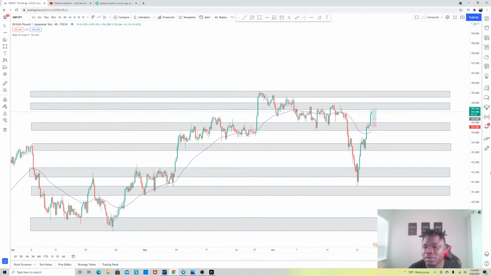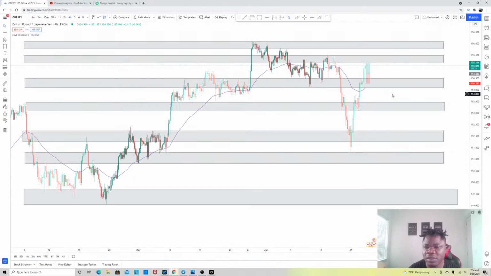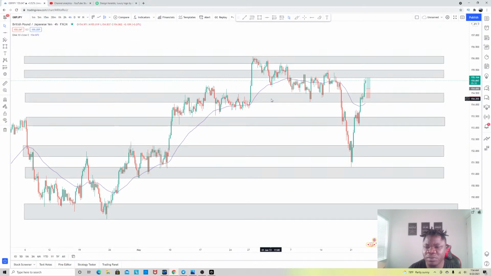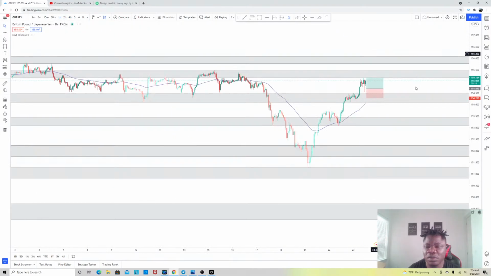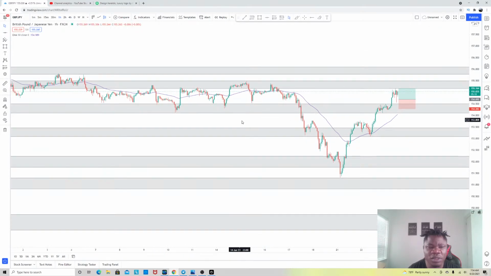As you guys can see, looking at it on the 4-hour time frame, we go to the 1-hour time frame here. That's the same thing we're looking at.